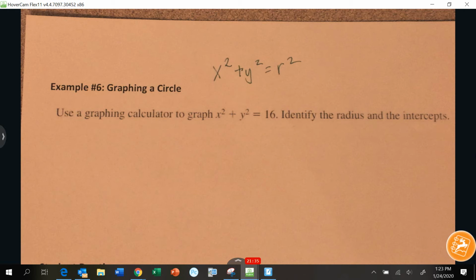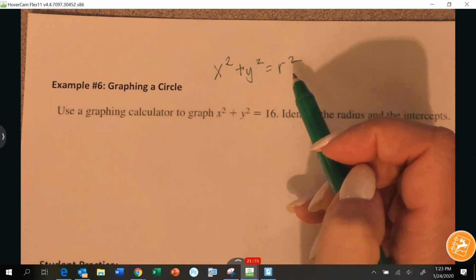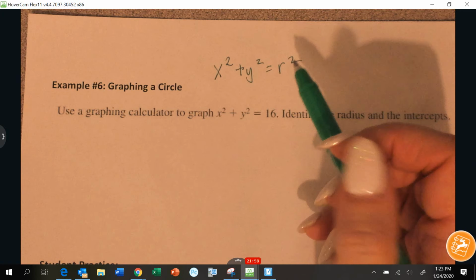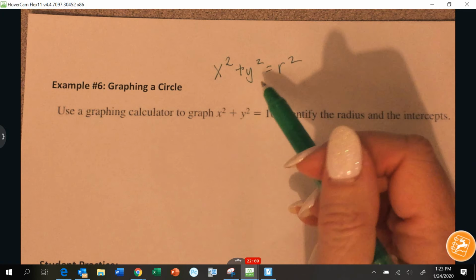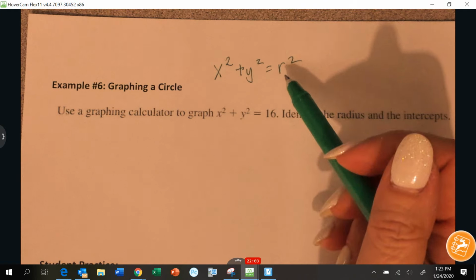In both sides of the equation, it's equivalent.